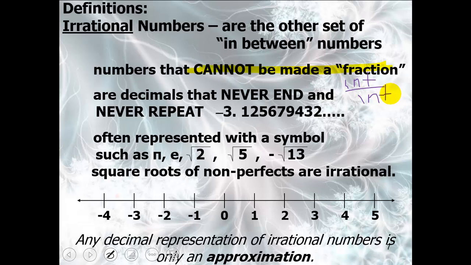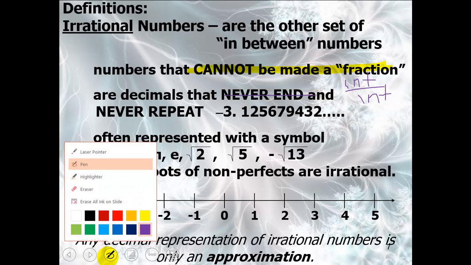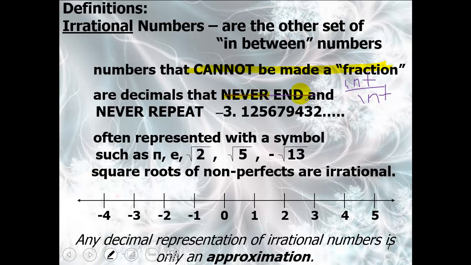These you're going to see as never ending and never repeating decimals. Never ending means they're non-terminating and non-repeating. And when you look at them, they have decimals and it just keeps going. There's no pattern. See how there's no pattern to this? And then you have ellipses behind it.